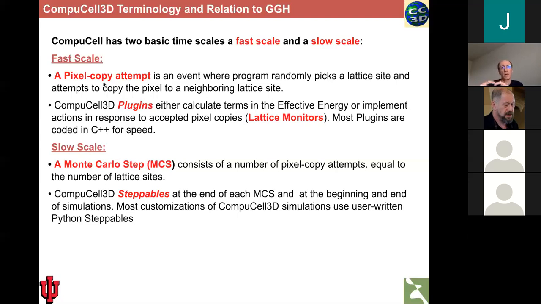A pixel copy attempt is the micro unit of operation of CompuCell3D, and we are doing plenty of those. Each Monte Carlo step typically consists of a number of pixel copy attempts equal to the number of lattice cells, okay? And at this fast scale, we typically use plugins that compute effective energy.